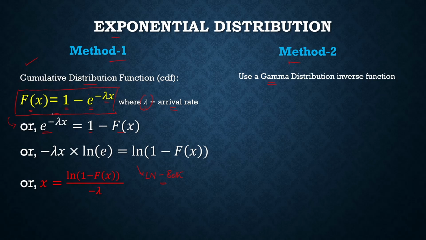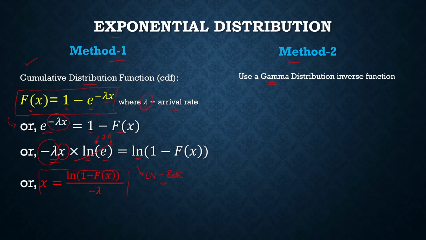So the exponent minus lambda x comes as a coefficient, and then ln of e, and on the right hand side is ln of 1 minus fx. As you may already know, ln of e is always equal to 1. So you can write x as ln of 1 minus fx divided by minus lambda. This is the final expression.